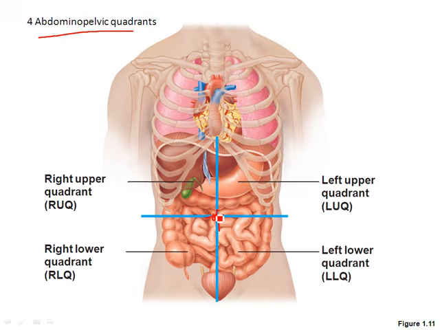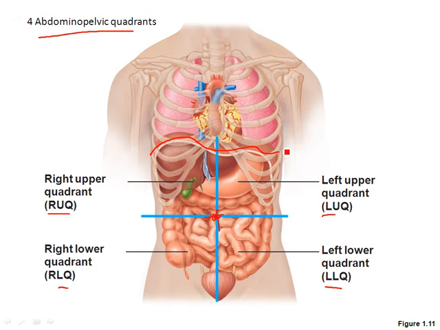And so we name these the right upper quadrant, abbreviated RUQ, left upper quadrant, left lower quadrant, and right lower quadrant. And so you need to think about which organs are found in those quadrants. Again, this is only the abdominal pelvic below the level of the diaphragm. Can't really help you except just say memorize it.